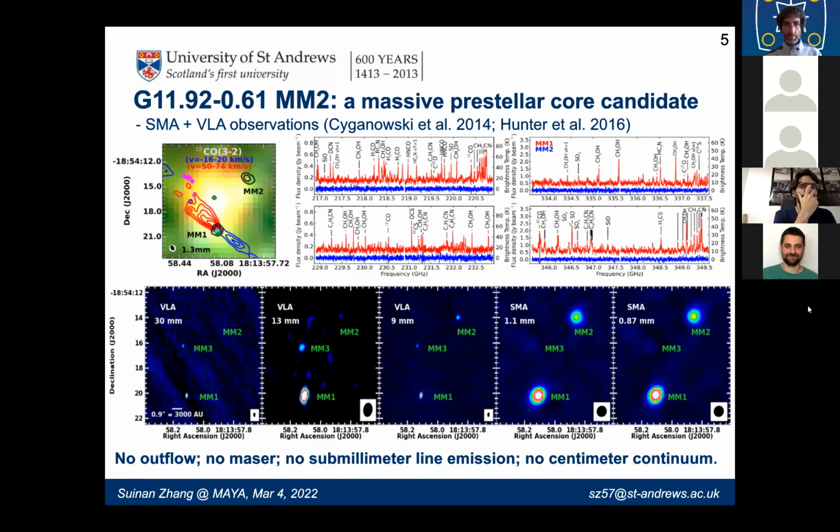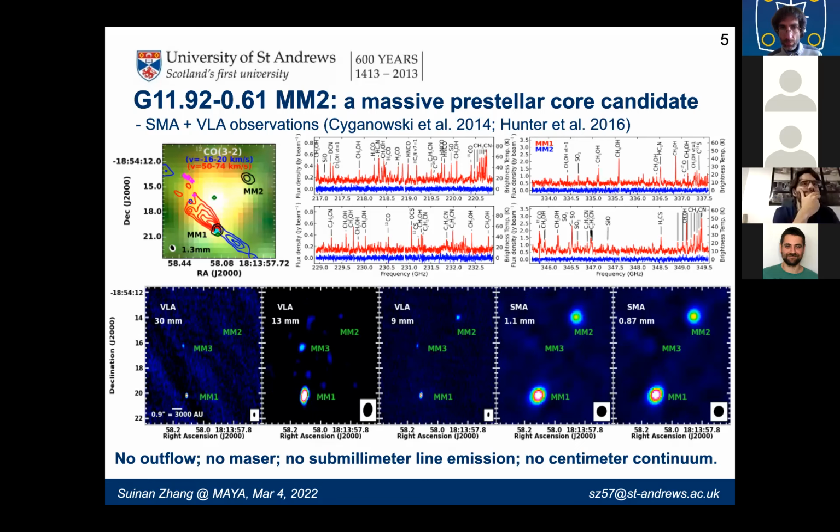So MM2 has been observed with the Submillimeter Array, SMA, and VLA. The top left panel is showing the Spitzer 3-color image overlaid with SMA contours. The black contours are the 1.3 millimeter dust continuum. The red and blue contours are the red-shifted and blue-shifted lobes of the outflows traced by the 12CO 3-2 transition.